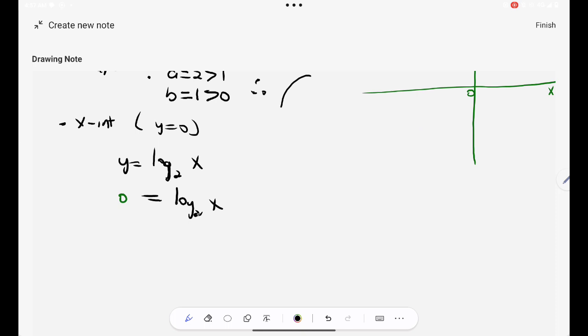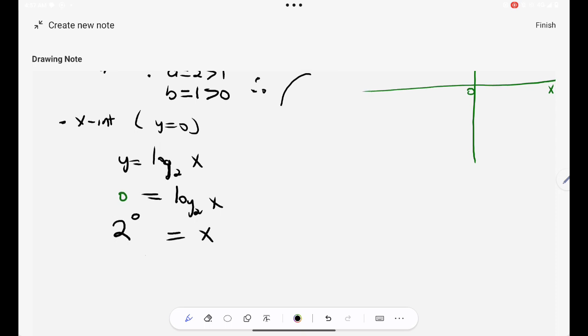That means I must take the 2, the base here, and make it the base on the right hand side, and whatever was on the right hand side will become the exponent like this. I'll be left with x here. That means the x-intercept is at 1.